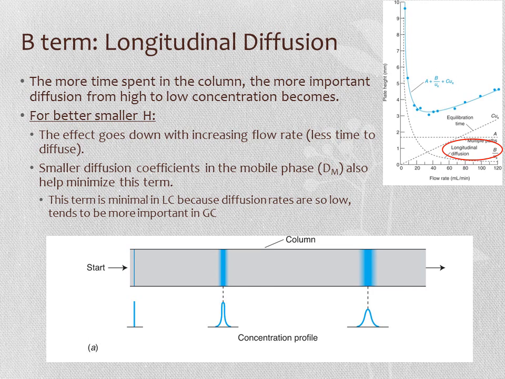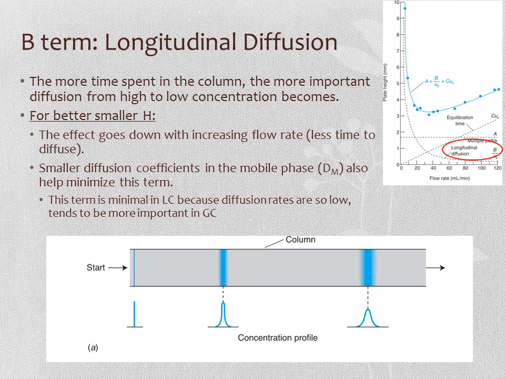So if you want to get a better plate height, you need to increase the flow rate, which causes less time for this diffusion to happen, or try to get something with a smaller diffusion coefficient, so it's not going to diffuse so quickly. It turns out that for liquid chromatography, this is pretty much negligible because the diffusion rates are quite slow, and this tends to be more important in gas chromatography.